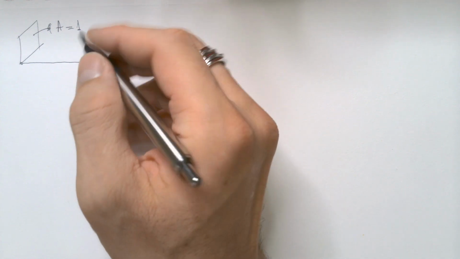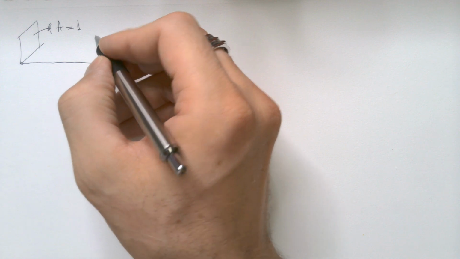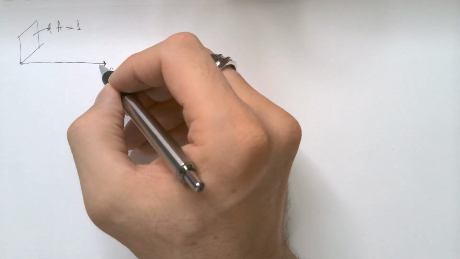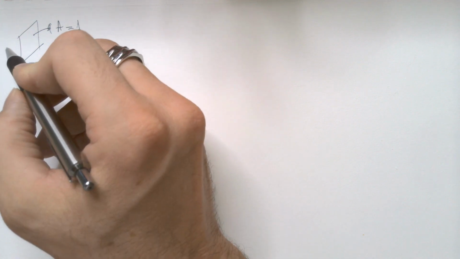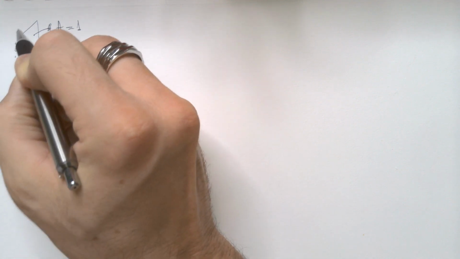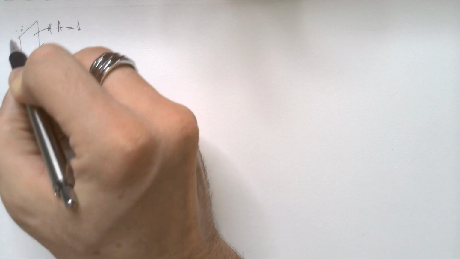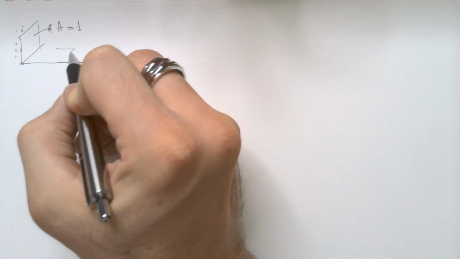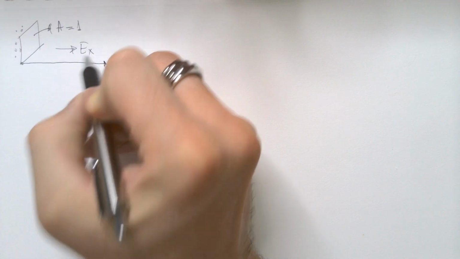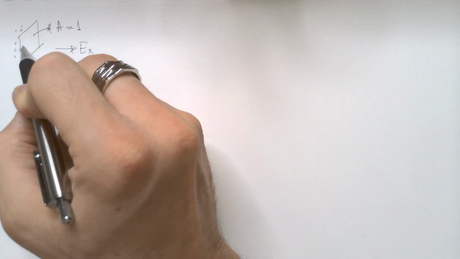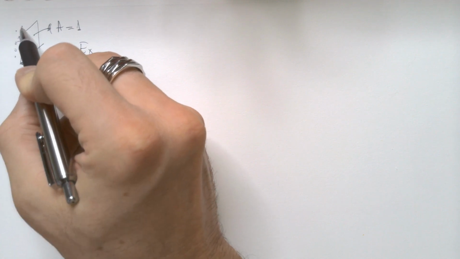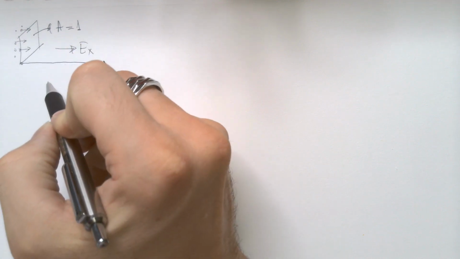And as I just said, if we apply a small and uniform electric field in the x direction, then charges that might be somewhere here will react to that electric field. If, let's say, electric field Ex is in this direction, if the charges are positive, they will move along the lines of electric field.